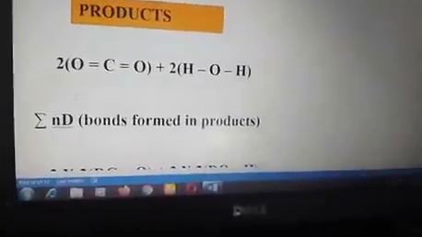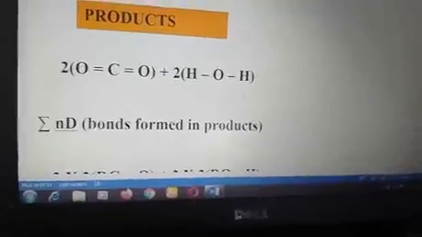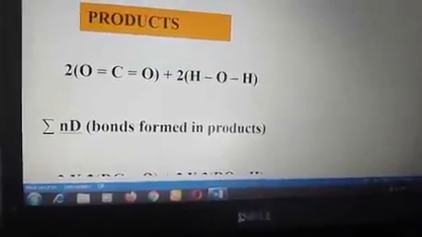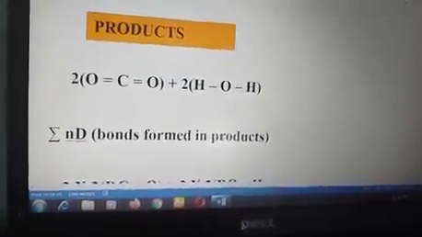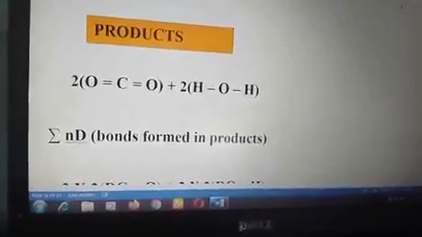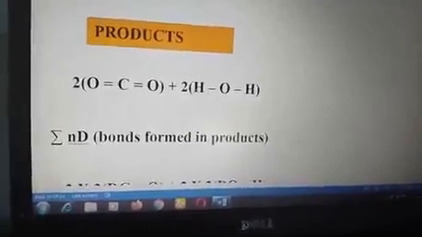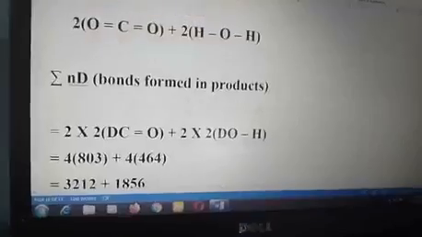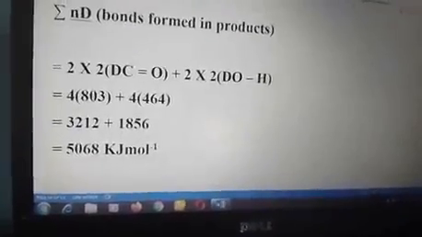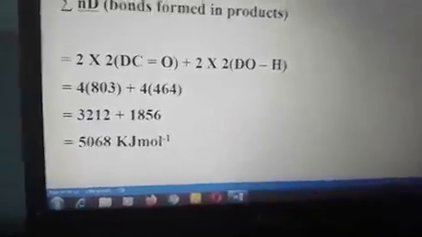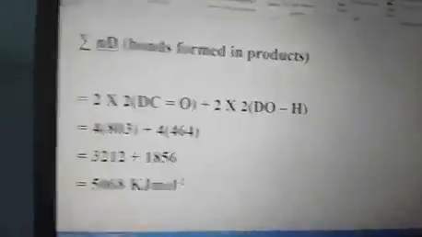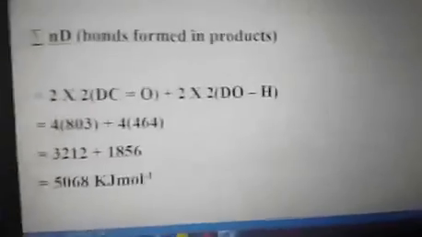If you go to water, the OH bond in water are also 2 times. OH on the right hand side where the cursor is pointing, and also OH on the left hand side of oxygen where the cursor is pointing. So you see it is 2 times 2 OH bonds in water. So you can see it there. 2 times 2 D(O-H) for water.